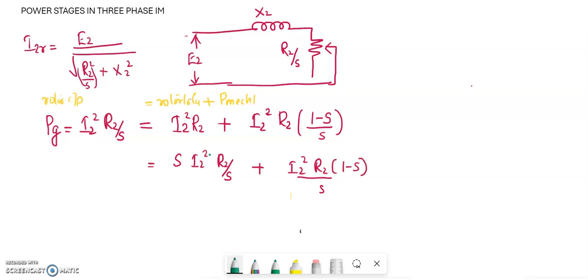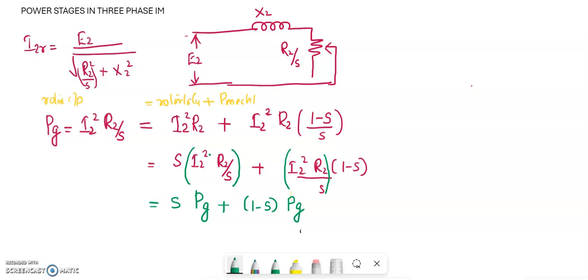See, this term I2 square into R2 by S is here, and here also I2 square into R2 by S. What is this term? This is PG. The air gap power PG equals I2 square into R2 by S. So I can write S into PG plus (1 minus S) into PG.